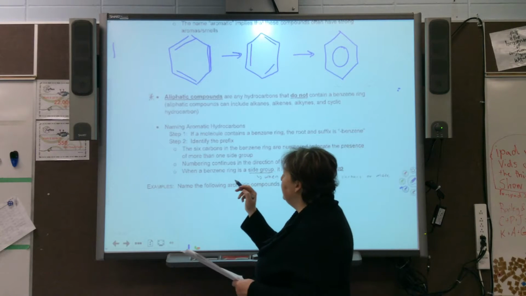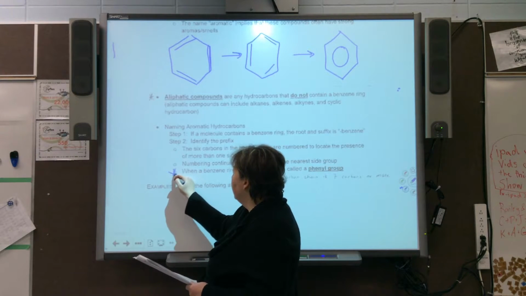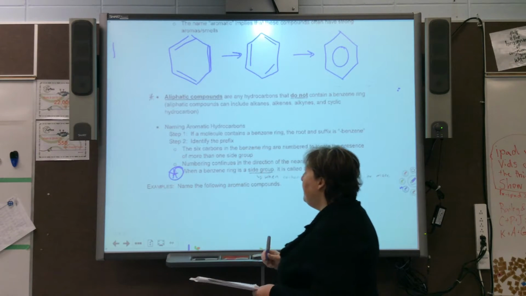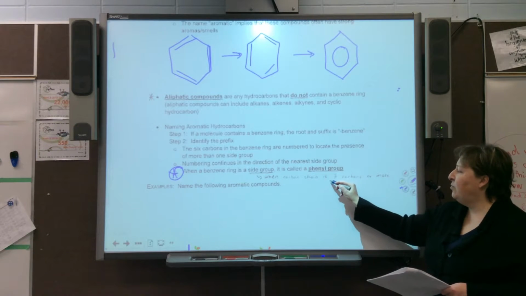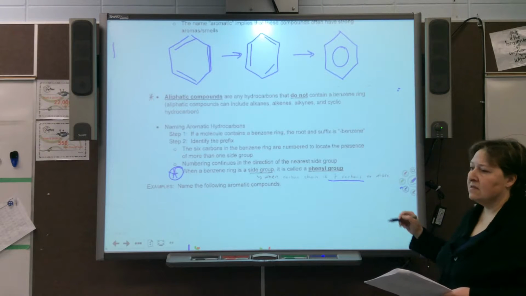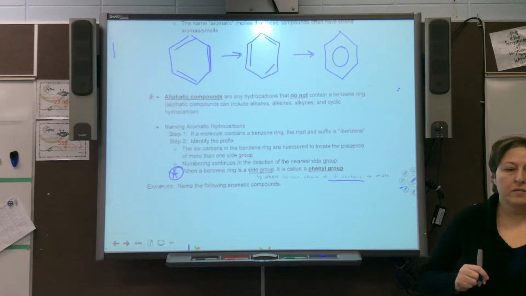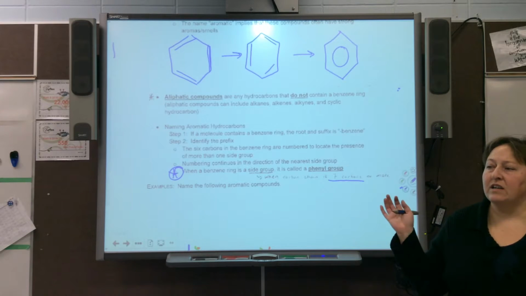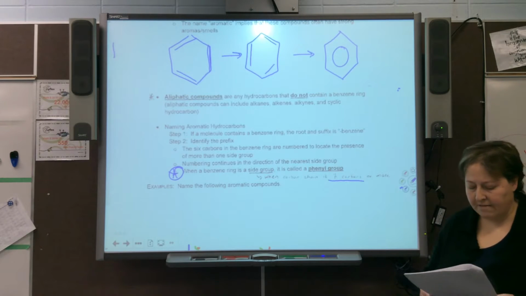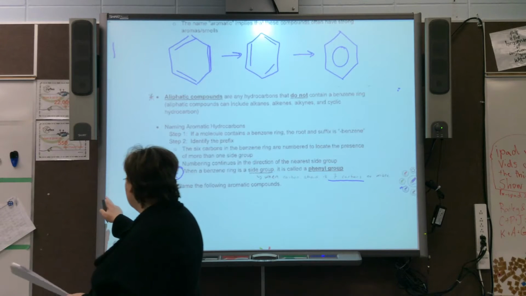This is really important. When a benzene ring is a side group, it's called a phenyl group. And it's a side group when there's 7 carbons or more. So you still have to pay attention to the longest chain. Okay? So let's look at an example.